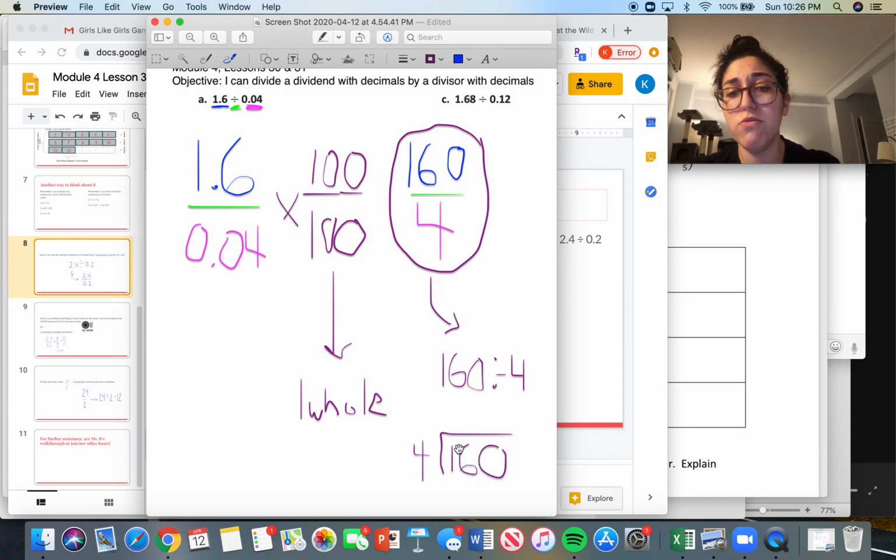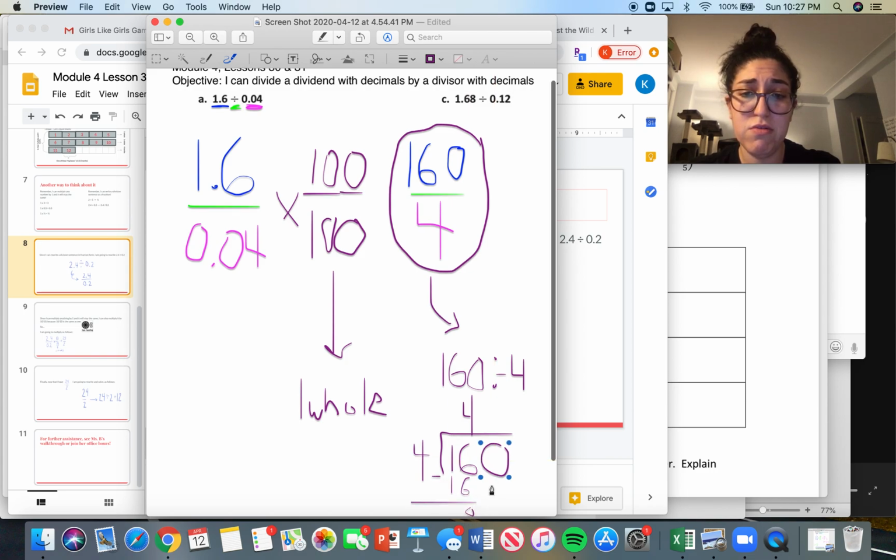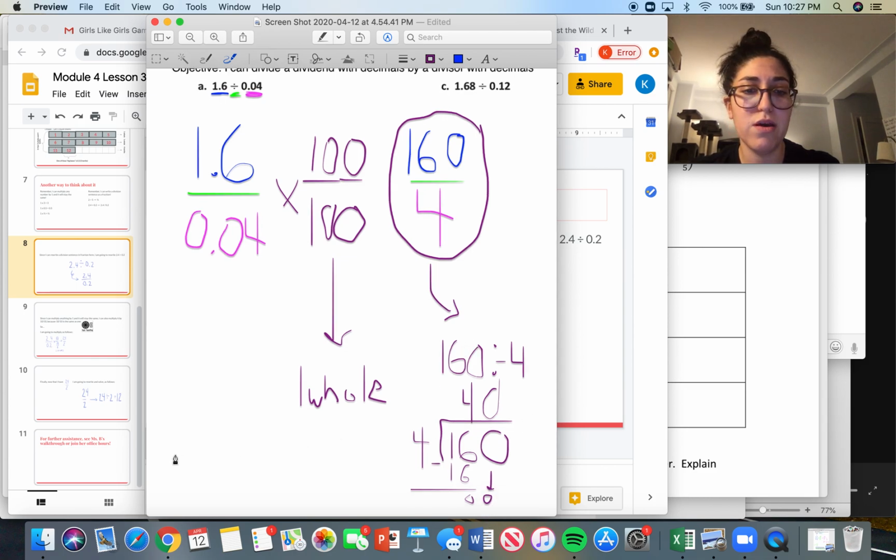I know that 4 goes into 16 4 times. 4 times 4 is 16. I'm going to bring that down and subtract it, 0. Bring the 0 down. How many times does 4 go into 0? None, 0. 4 times 0 is 0. And I end up with nothing left over, and I can check it really quick.